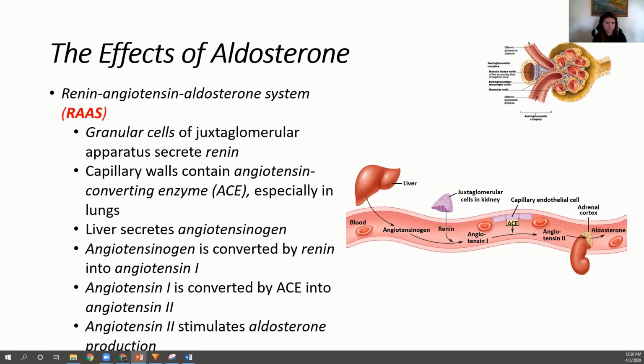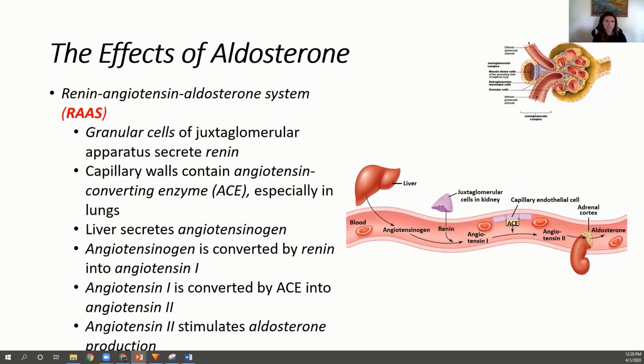Angiotensin 1 doesn't do anything to sodium regulation on its own, but when angiotensin 1 bumps into ACE, which stands for angiotensin converting enzyme, ACE converts angiotensin 1 into angiotensin 2. Angiotensin 2 is the thing that actually affects aldosterone.